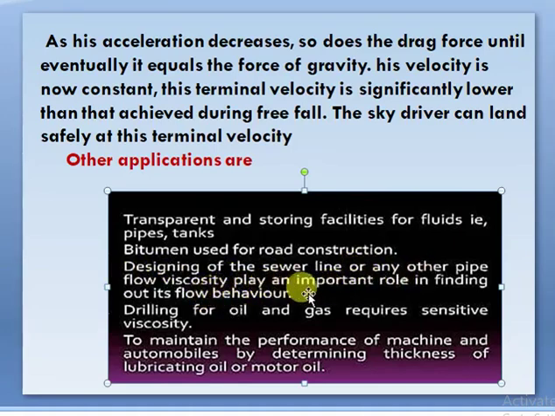Another application is in designing of the sewer line or any other pipe flow. Viscosity plays an important role in finding out its flow behavior. So in designing our sewer line or our pipeline, viscous material is used. Another application, drilling for oil and gas requires sensitive viscosity. When we are drilling for oil and gas, viscosity is needed.